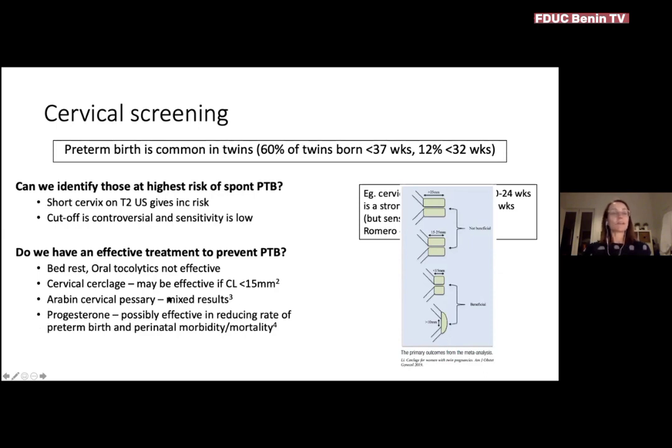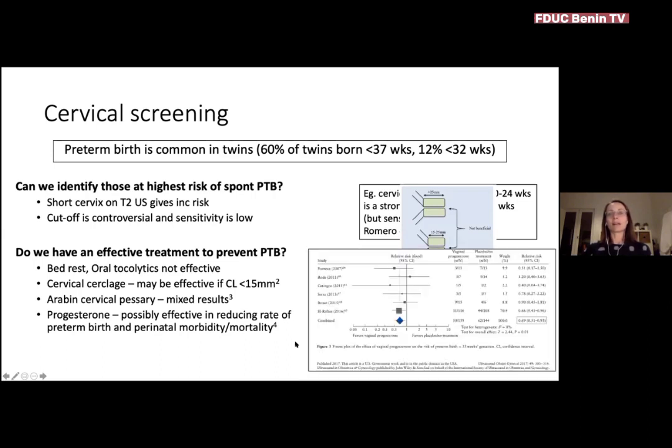An Arabin cervical pessary is a newer treatment, and there's been multiple studies looking at this already, which have had very mixed results. So we don't know if that's useful or not in twins. And progesterone, which has probably been one of the most promising treatments in singletons. Again, there's been quite a few studies in twins now, and it possibly is effective in reducing the rate of preterm birth in twins.